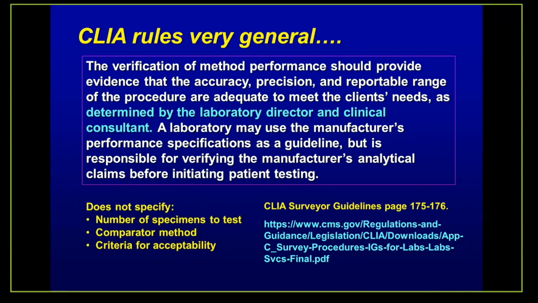What it does not specify is the number of specimens to test, the comparator method, and what the criteria for acceptability is. This has been a question a lot of people have had about ID and AST systems, which is why CLSI has come up with this M52 document to help give guidelines on what to do with these types of tests.